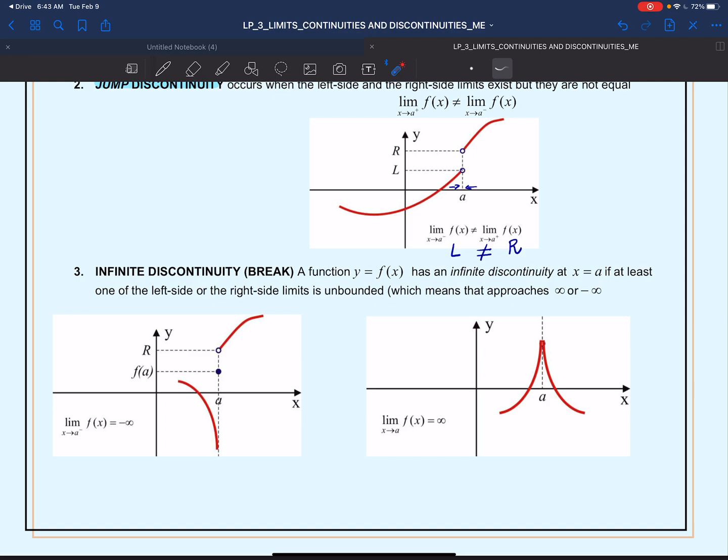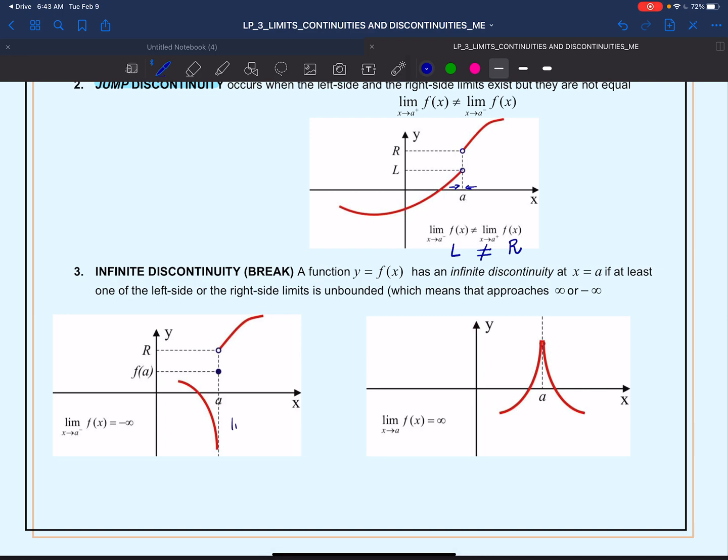Now, as you can see in this example, the limit as x approaches a from the left end is negative infinity because the values of y are approaching negative infinity. Now, when you approach a from the right, the value of y is r. Okay? So that creates an infinite length break between the two pieces.